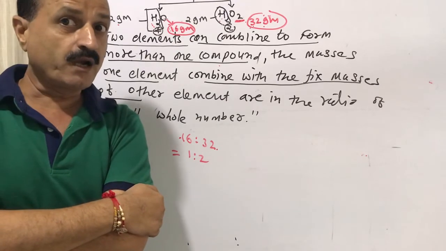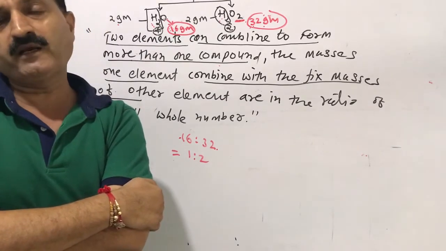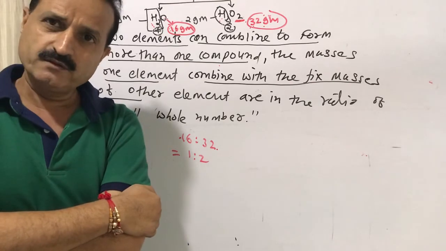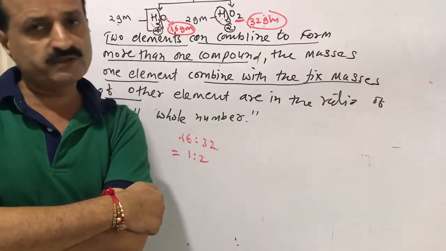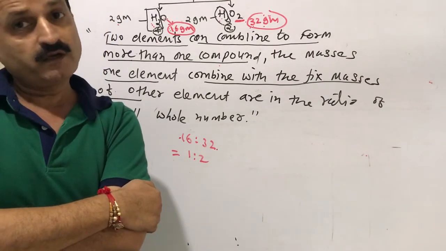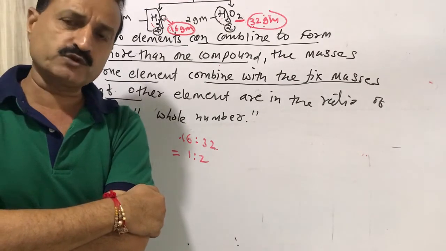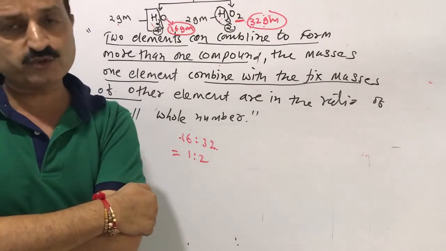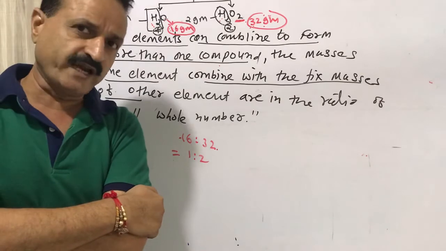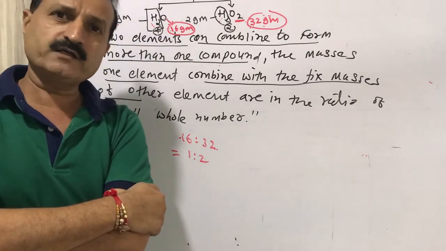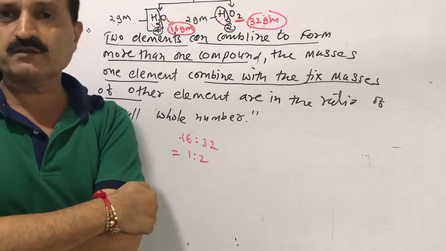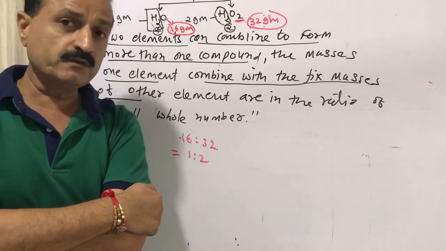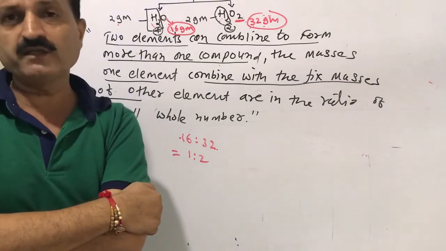Matter can neither be created nor destroyed. The example taken is a combustion reaction: CH4 plus 2O2 gives CO2 plus 2H2O. The mass of reactants is equal to the mass of products. It is important for the development of chemistry.